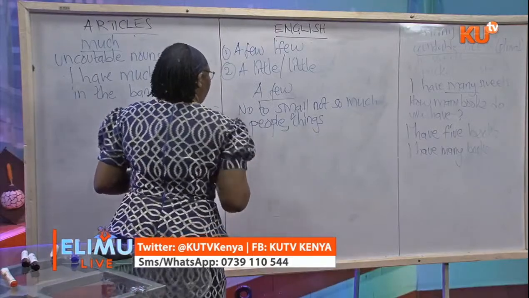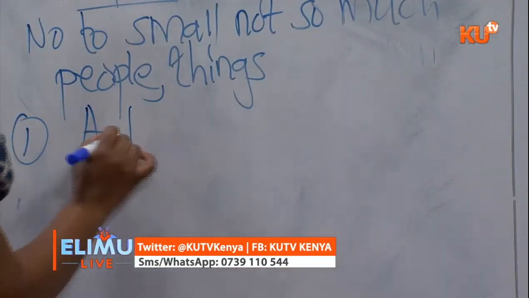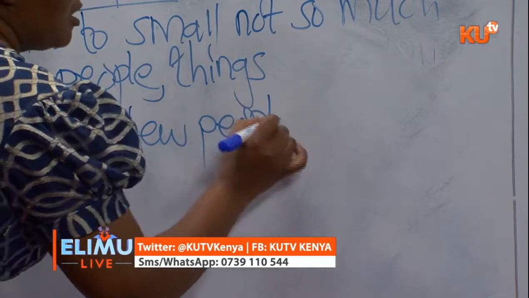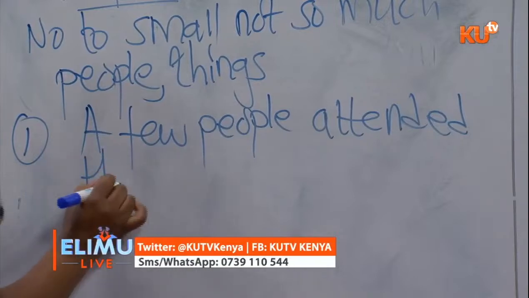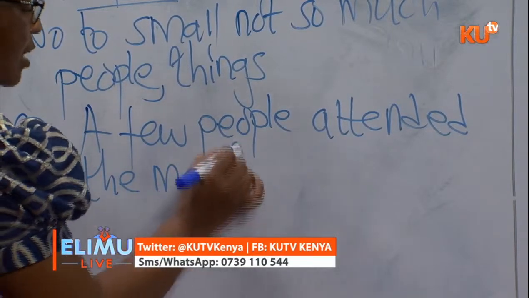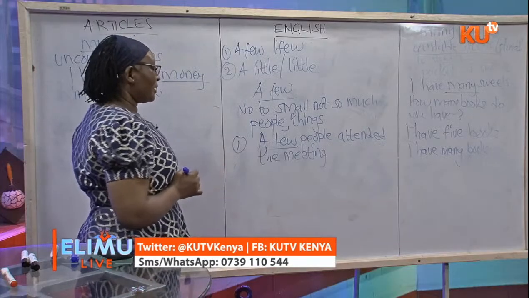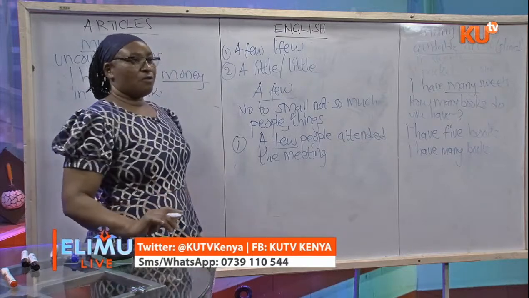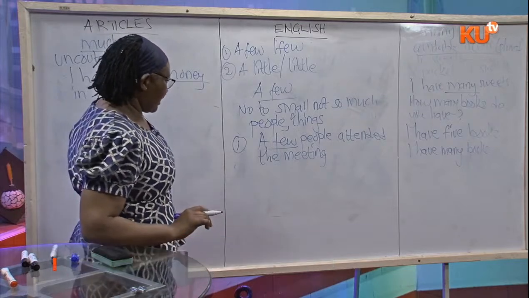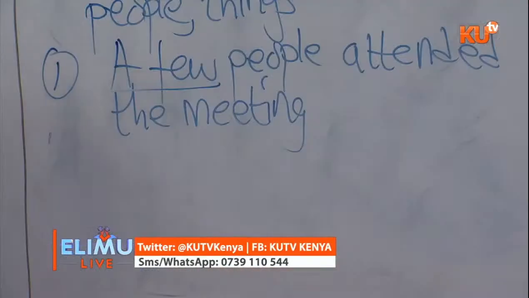So examples in sentences, you can say that a few people attended the meeting. Now, when we say a few people attended the meeting, it means that you expected a higher number of people to attend, but you find that less than that number have attended. So you say a few people attended the meeting.